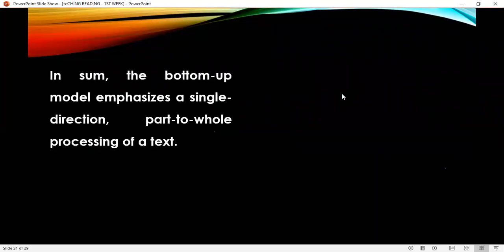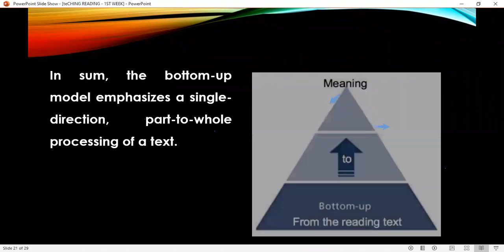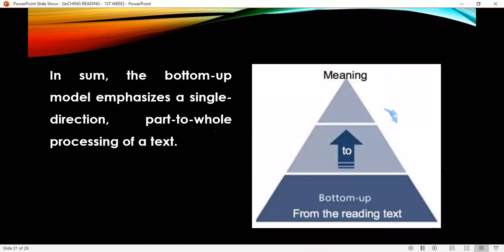So summing up, the bottom-up model emphasizes a single direction, part to whole. Remember, part to whole. You start analyzing the parts, the chunks of a sentence.